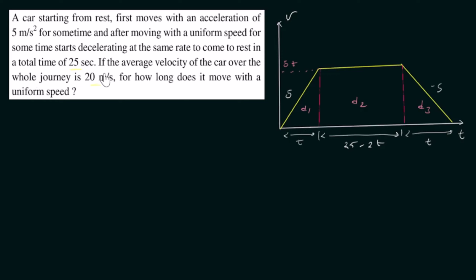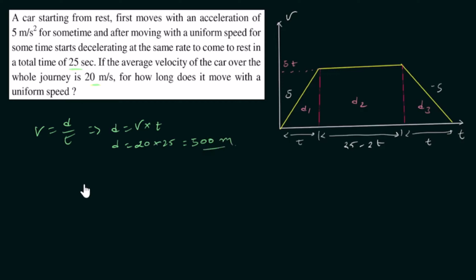Now let us calculate the total distance. Here you can see that this is 25 seconds and this is 20 meter per second. We have average speed equals total distance divided by time. It will give distance equals velocity into time, average velocity into time. So distance will be 20 into 25, 500 meters.